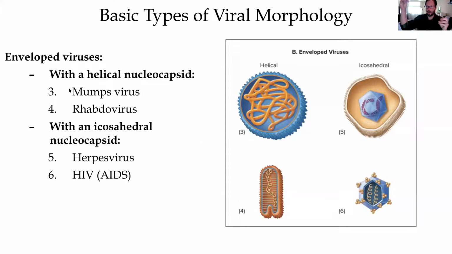Ebola is a nice long helical strand of viral particle. So for helical nucleocapsids that are enveloped, think mumps, think rhabdoviruses. Icosahedral examples of that would be herpes, HIV.